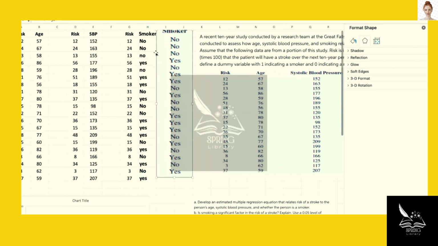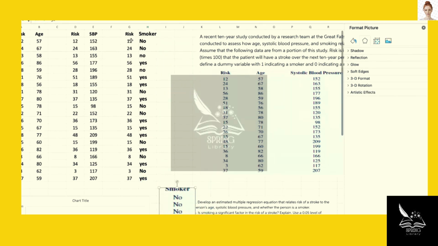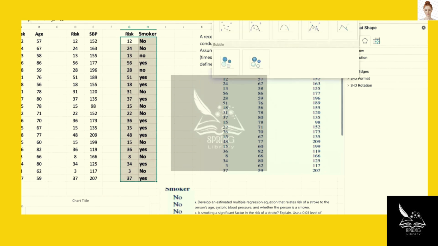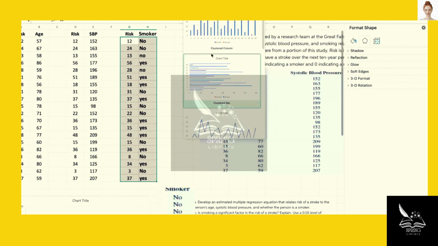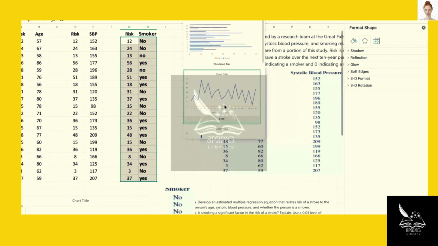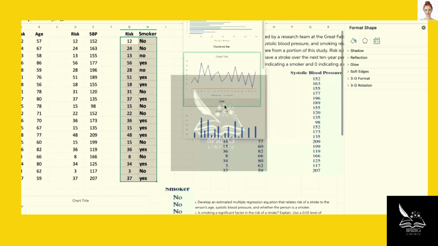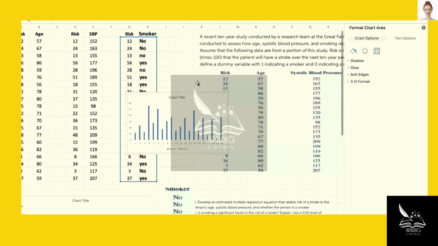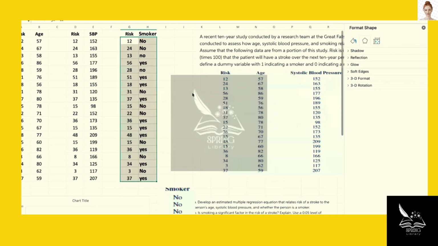Here we go. All right, so let's see. Say if I did this, insert, what happens for recommended? See what that one looks like. Insert.